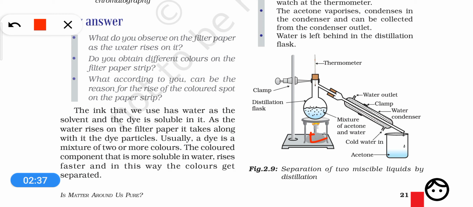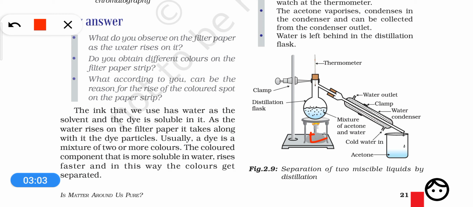The temperature of both water and acetone will start increasing. Now you know that different liquids have different boiling points. Suppose acetone has a lower boiling point but water has a higher boiling point, meaning water has 100 degrees Celsius, and acetone has a lower boiling point as compared to water.